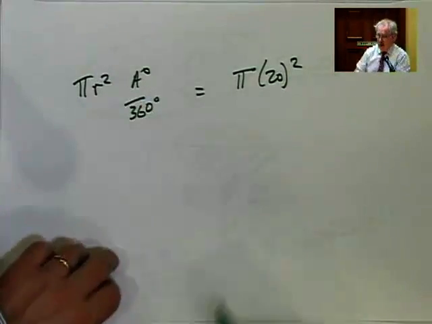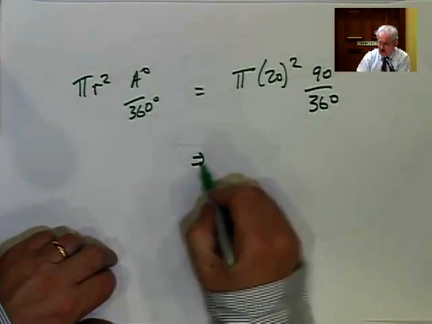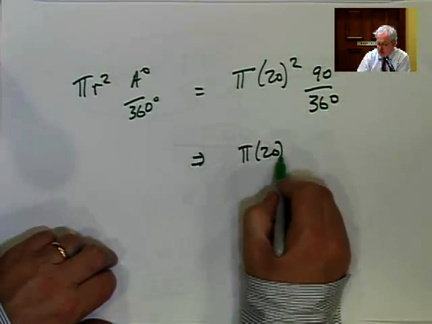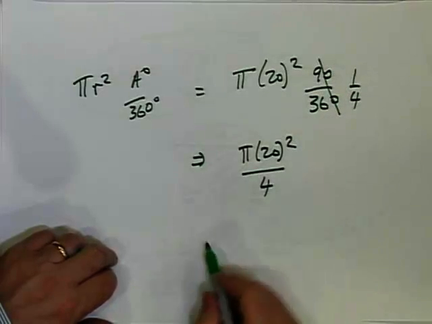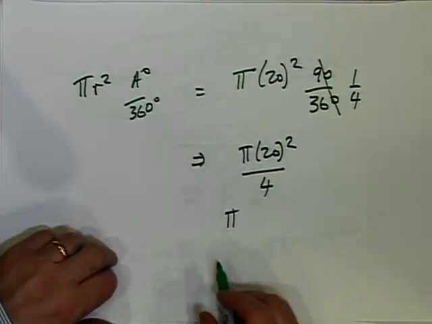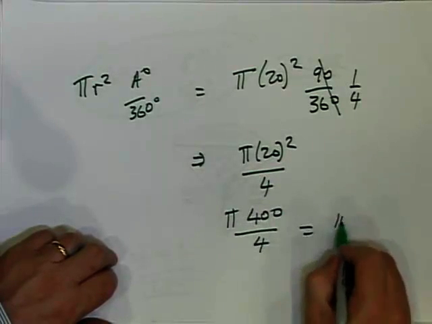A, we were told, was 90, over 360. So effectively we got pi 20 squared over 4. That was 1 over 4. 20 by 20 is 400. 400 over 4, which is 100 pi.